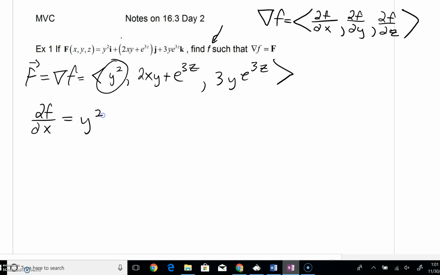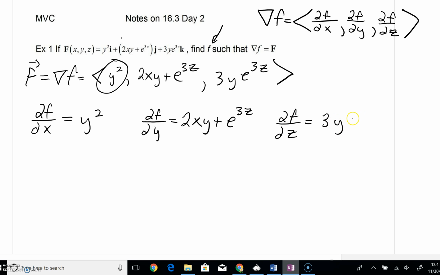That's equal to y squared. And then you'd say, well, look in your middle component here, your j component. Well, that should be the partial derivative of little f with respect to y. And we have that. And then finally, we've got our partial derivative of f with respect to z. And that would be 3y e to the 3z.